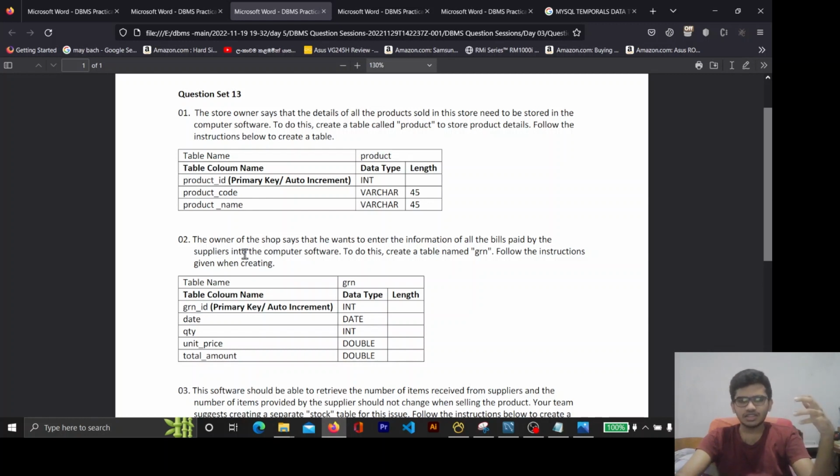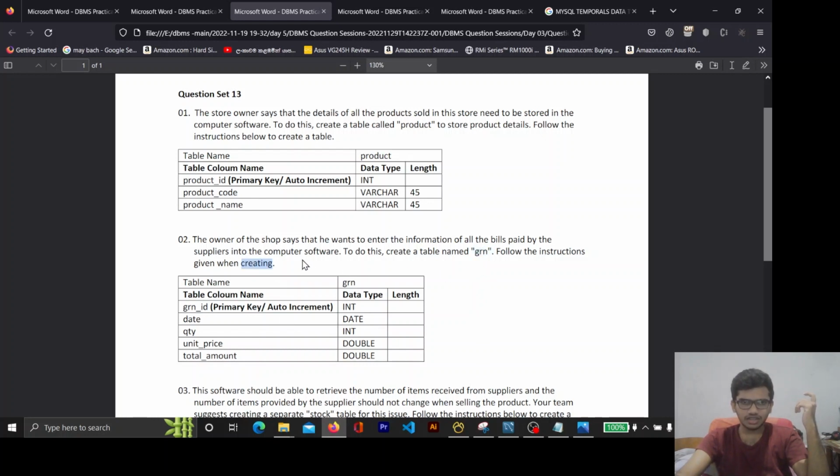When a supplier supplies items or products to the shop, the store gives a goods received note. So this is given to the supplier by the store.